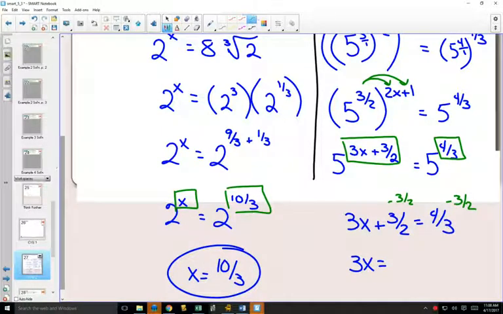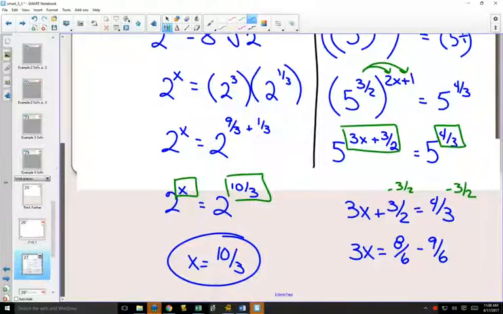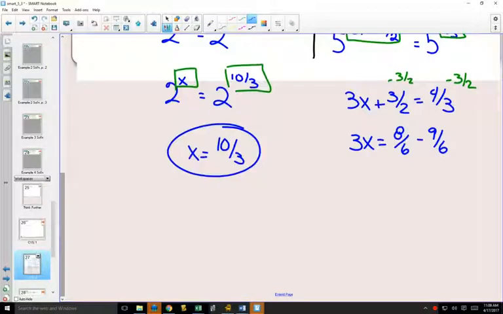But if I'm subtracting fractions, I'm going to need a common denominator. So I'm going to change my 4/3 to 8/6, my 3/2 to 9/6. Which leaves me with 3x equals -1/6.